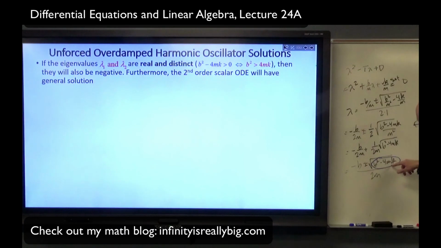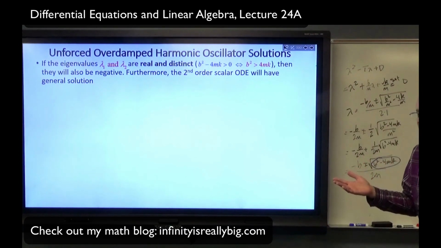If m and k were either of those were 0, the top could become 0. Negative b plus b would give you 0. But because we're subtracting 4mk in there, which is non-zero, we do have a mass and we do have a spring, is what that means. The square root of this thing will be actually smaller than the absolute value of b, and when you do negative b plus or minus that, it will not become positive, is what I'm trying to say.